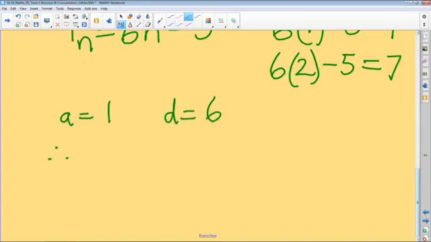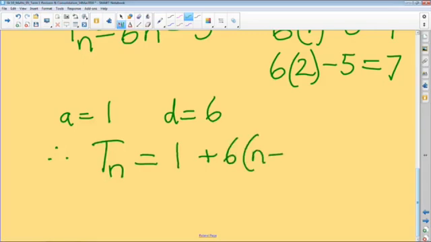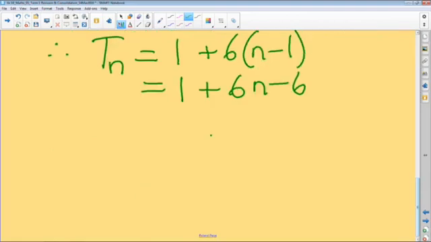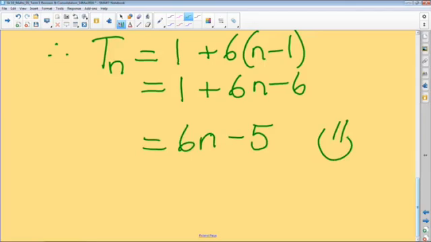Therefore, and you might have done this method in class, it's going to be 1 plus 6 times n minus 1. Then you would multiply it out and you would get 6n minus 6, giving you 6n minus 5. Either way, it's all good.